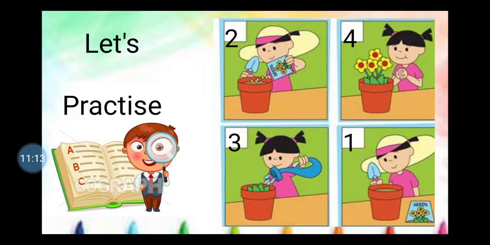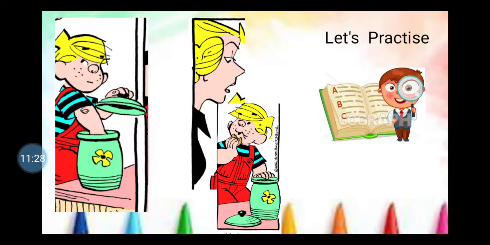And then in the fourth picture, you can see that the plants have grown, the sunflowers have come up, and then she is happy. So use all these, describe the pictures in your own words. This is for your assignment. All these pictures that I have shown are for your practice.